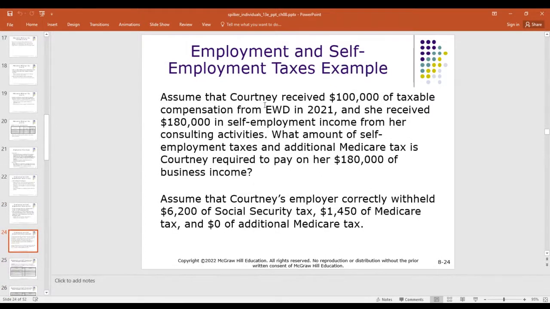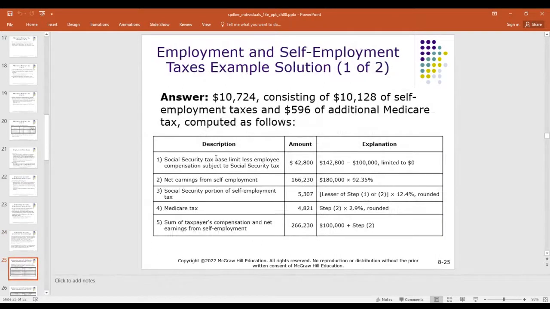And well, let's take a quick look at this. She has $100,000 of taxable comp from EWD, and she received $80,000 in self-employment. So let's see what her taxes will be. So of the $142,800 limit, $100,000 she's paid tax on already. So Social Security, she still could pay $42,800. Her net earnings from self-employment subject to Social Security tax are $166,230. So $42,800 will be the amount used to calculate the Social Security portion of self-employment tax.